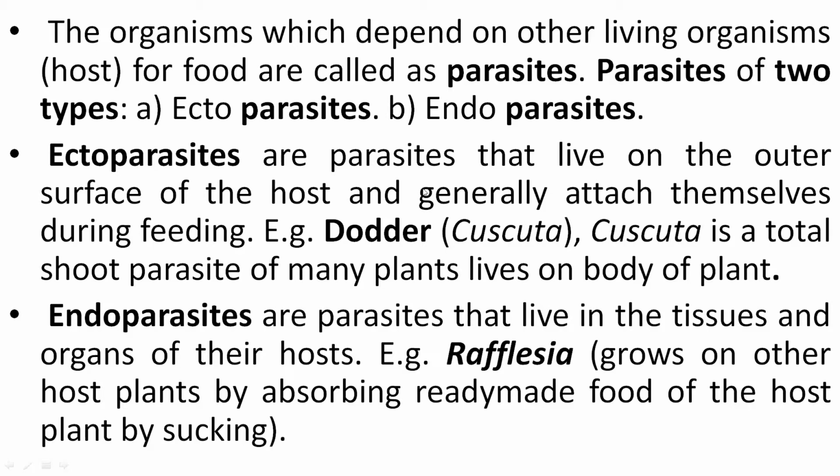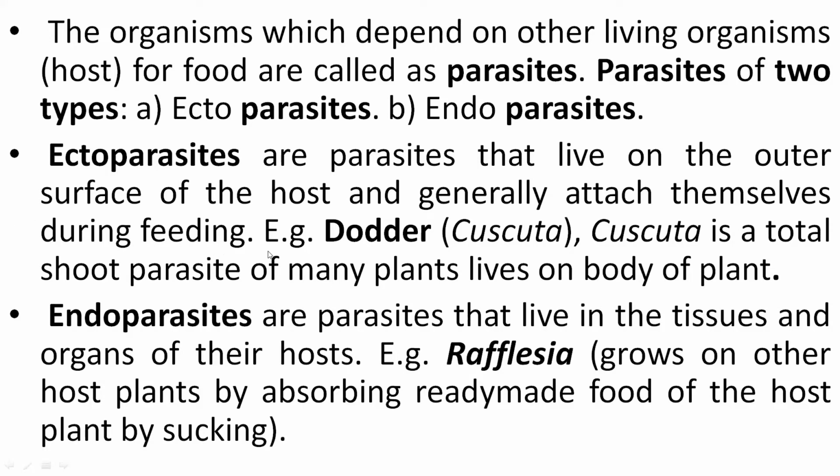Ectoparasites are the parasites that live on the outer surface of the host and generally attach themselves during feeding. They actually grow on the host plant but attach themselves to the host plant when the need of nutrition arises, or during feeding.